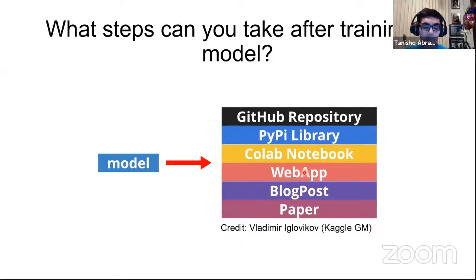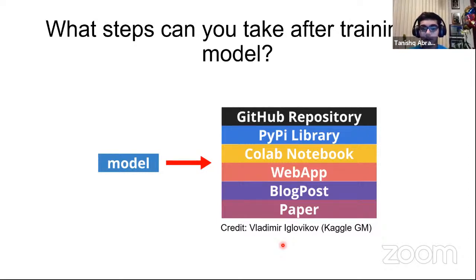And then another aspect is what you can do after you train a model. You want to share your knowledge with the world, and also to solidify that knowledge yourself. Being able to communicate your work and prepare a project that others can see is an important aspect. This was actually some advice that was provided by a Kaggle Grandmaster, but I think it applies to any sort of machine learning project, not just Kaggle projects.